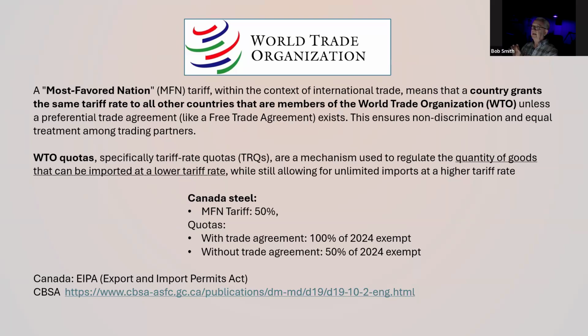Okay, that is the essence of the WTO. So in Canada, most favored nation would be 50%, and the quotas with a trade agreement. With a trade agreement, 100% of 2024. Without the trade agreement, 50% of 2024.